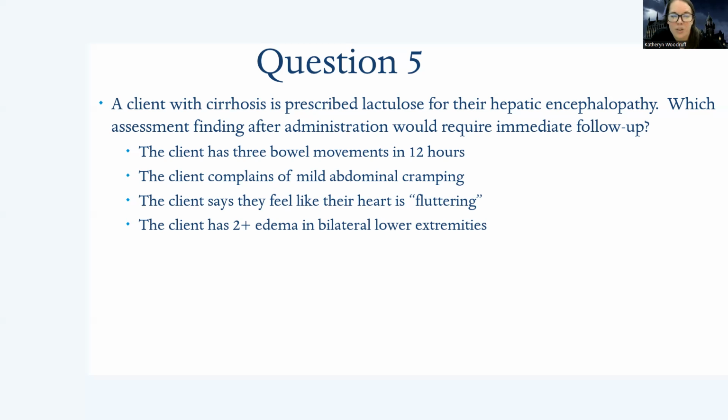A patient with cirrhosis is probably going to have some bilateral lower edema. It has nothing to do with the lactulose or the hepatic encephalopathy; it has to do with the albumin and the portal hypertension, etc. So I don't necessarily need immediate follow-up if they have 2+ edema. It kind of depends on where they were at before.